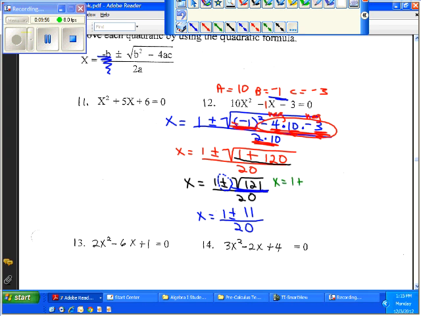X is equal to 1 plus 11 over 20, or x equal 1 minus 11 over 20.